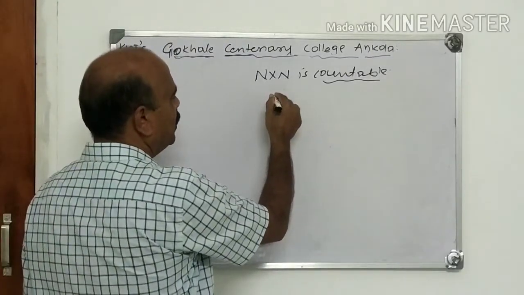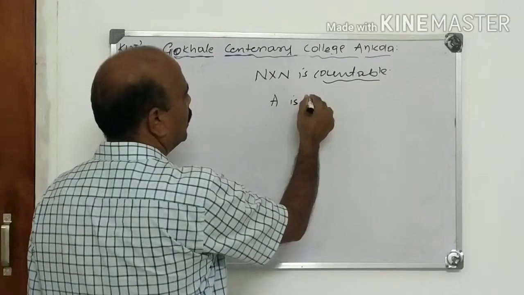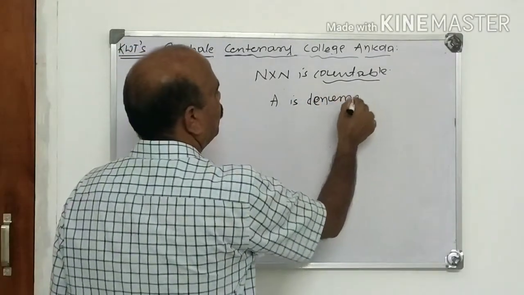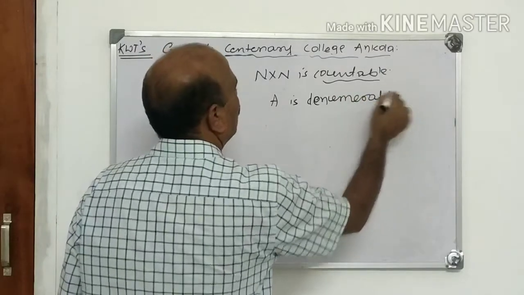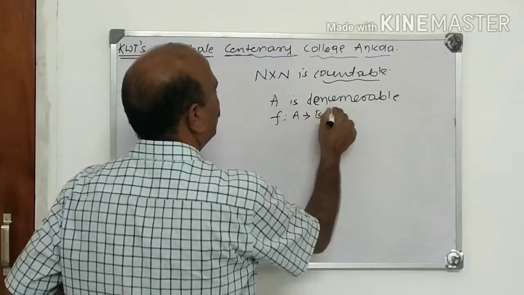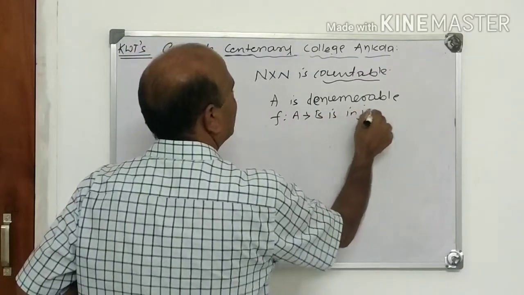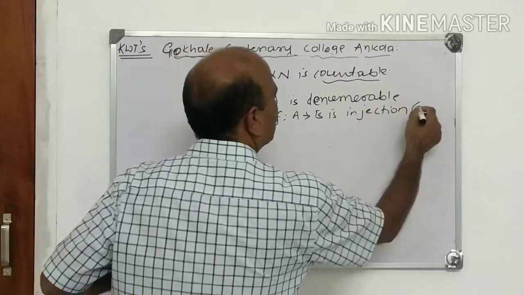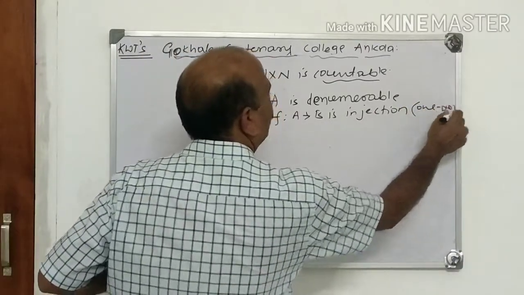What is that? If A is countable or A is denumerable, and f from A to B is an injection, that is one-one. Injection means the function is one-one.